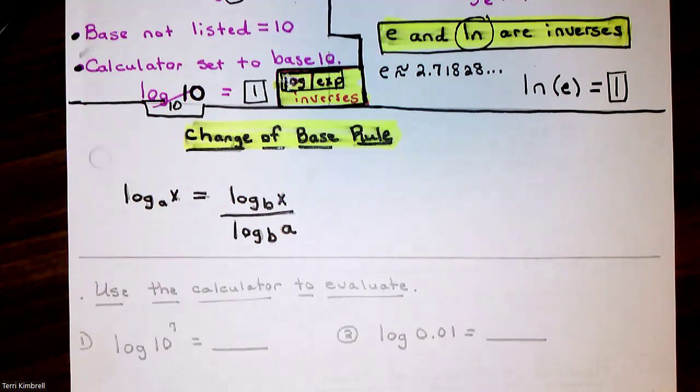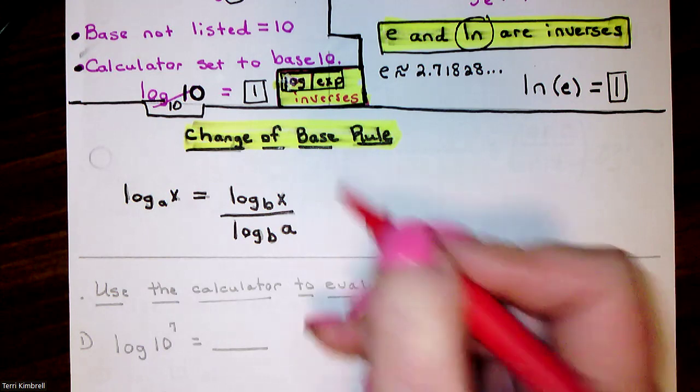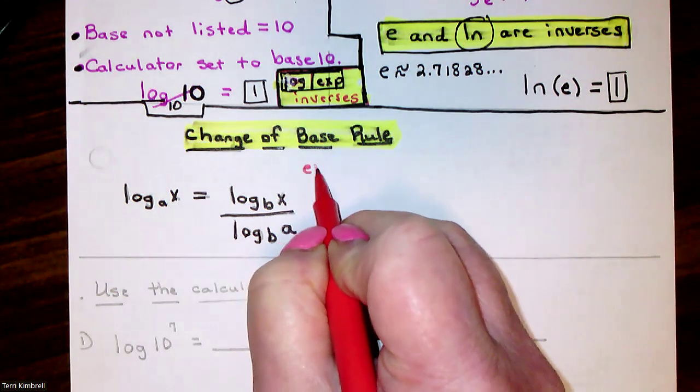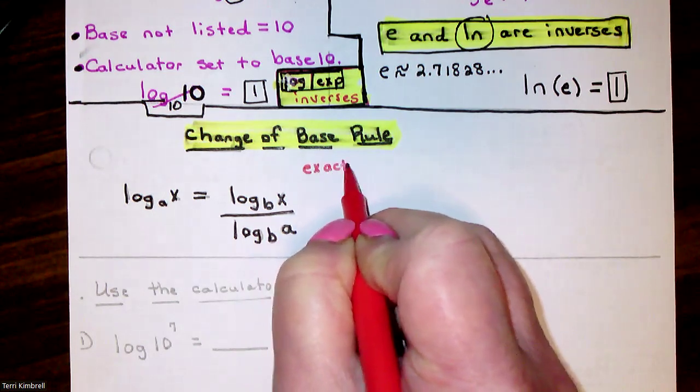Okay, the next rule that we discussed briefly in class is the change of base rule. Now, calculators are programmed to do base 10, and you will need to know this rule even if we can type the decimal in the other way that I showed you, because this would be how you would type in an exact answer.